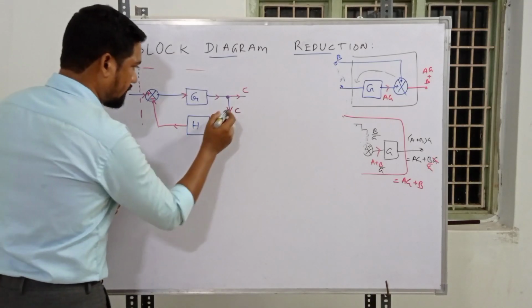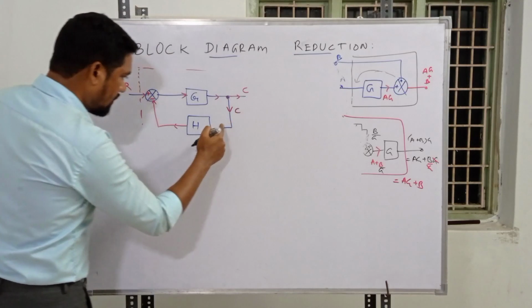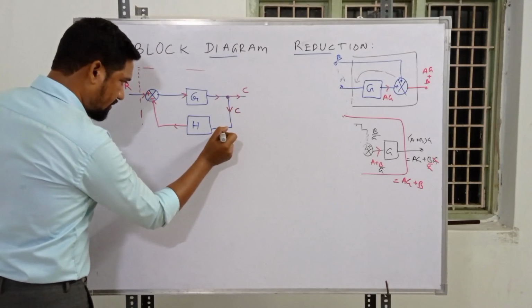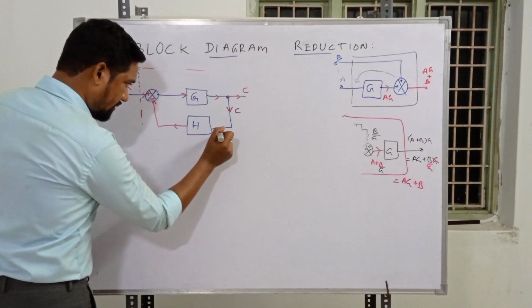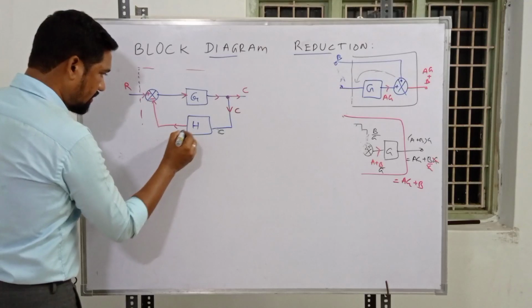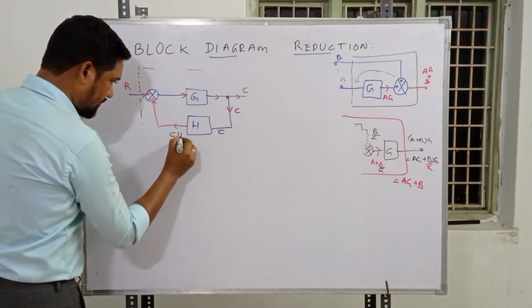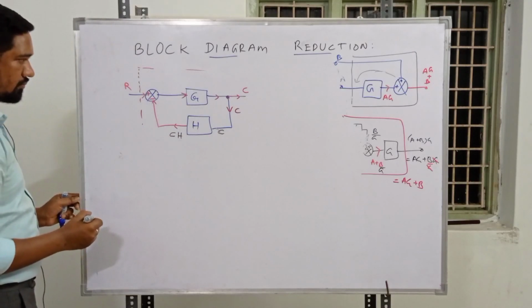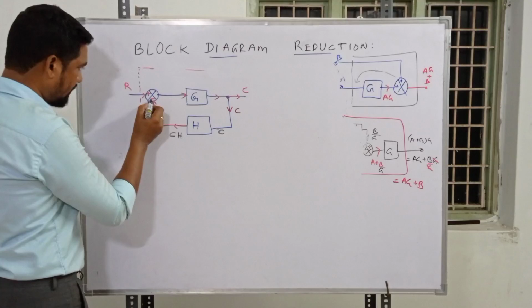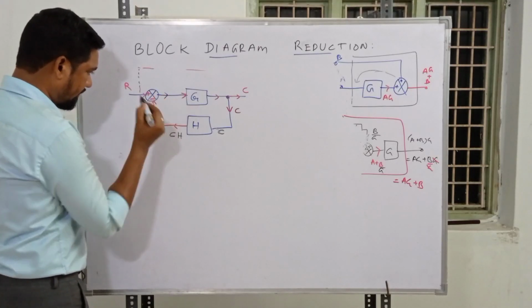Okay, so what do we have over here? It's C. The signal up to this point is C only. After this it gets multiplied with H, so it's CH. Over here it's CH, and this CH goes to the summing point. So after this summing point, what signal do we have?